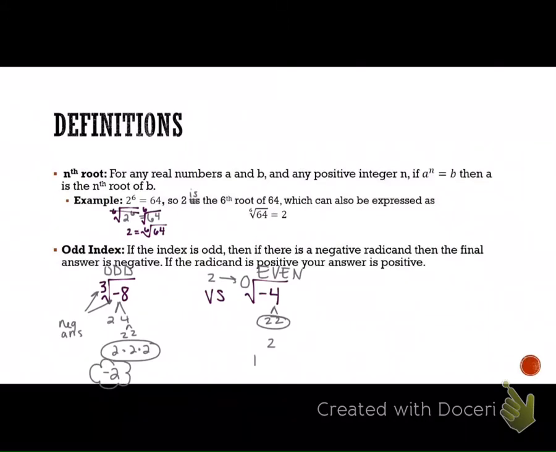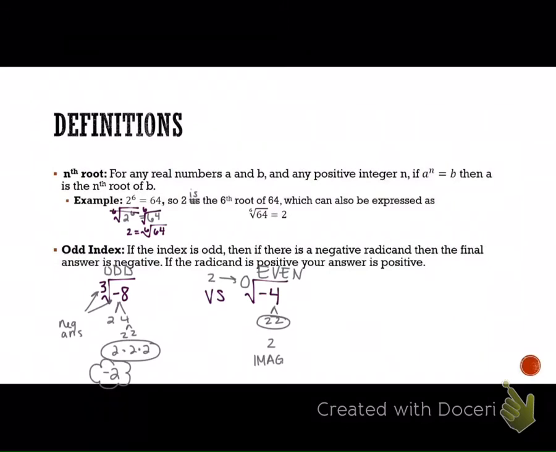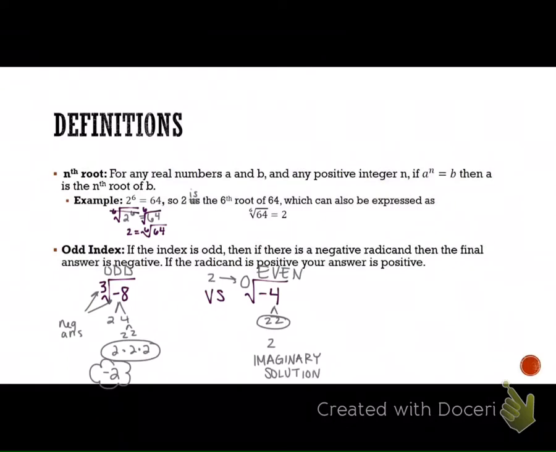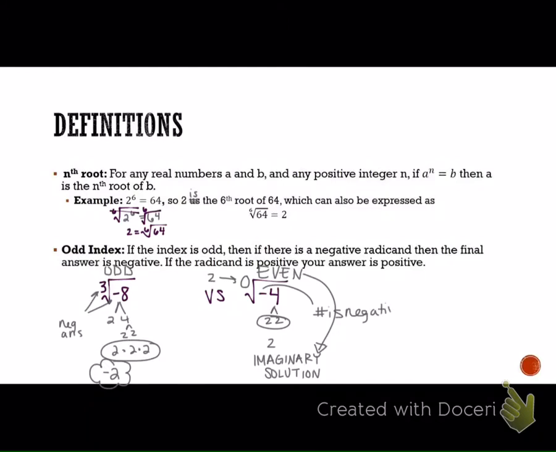So in this case, this is an imaginary solution, and you'll learn more about that in Algebra 2. So if the index is even, you have an imaginary solution if your number is negative. So just a few things to think about here before we move on with what we're doing today.